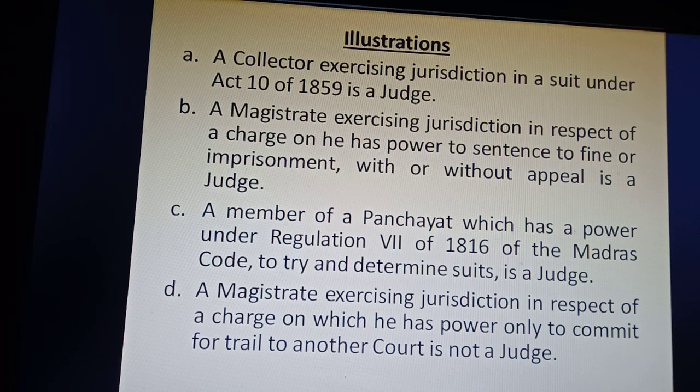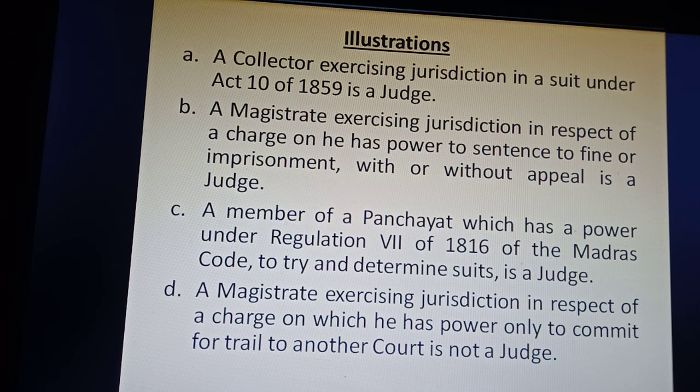In this case, the panchayat is a body of persons, and in a body of persons each member will be regarded as a judge because that panchayat is given the power to try and determine the suits, and after the determination a final judgment will be given. So a member of a panchayat which has a power under regulation number 7 of 1860 of the Madras Code to try and determine suits is also a judge.